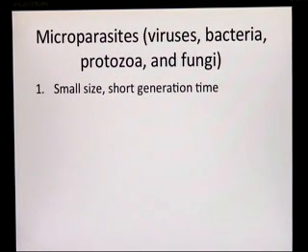You know, so these guys are very small. You can't see them. If you have a viral infection or a bacterial infection, you have billions, at least, of virus particles in your body, right? Or at least billions of bacteria. So you have so many of these things that you can't count. They're very small. They have a very short generation time.